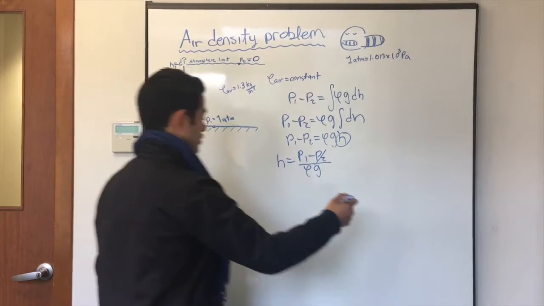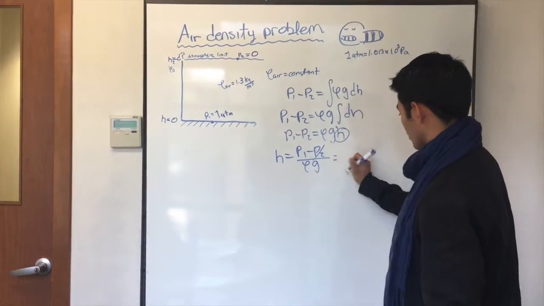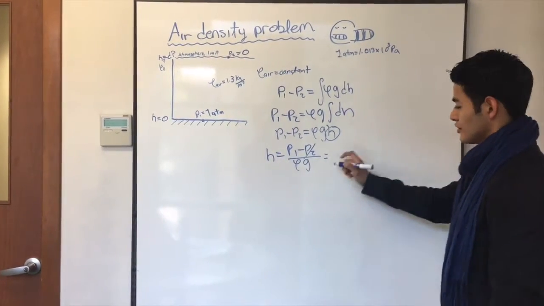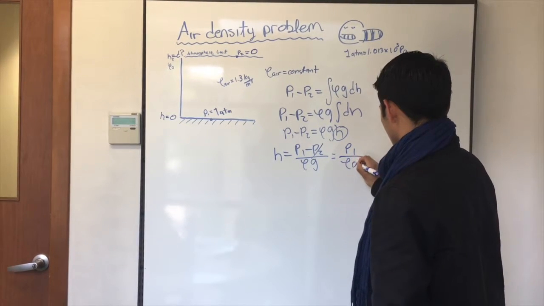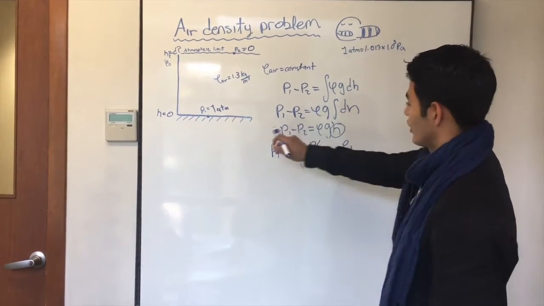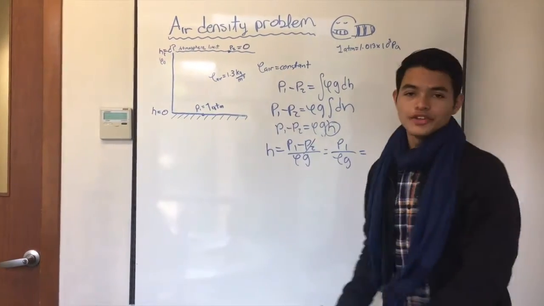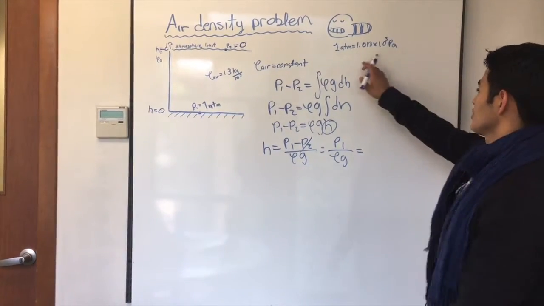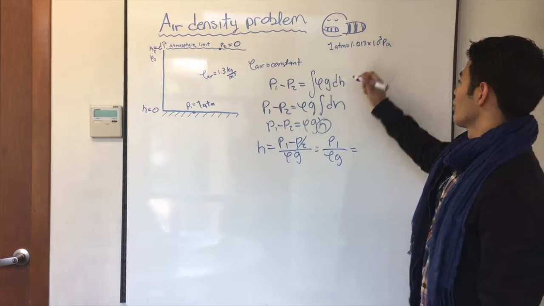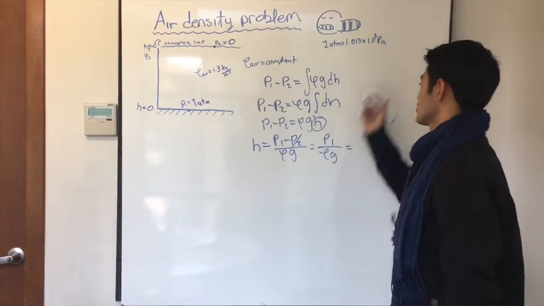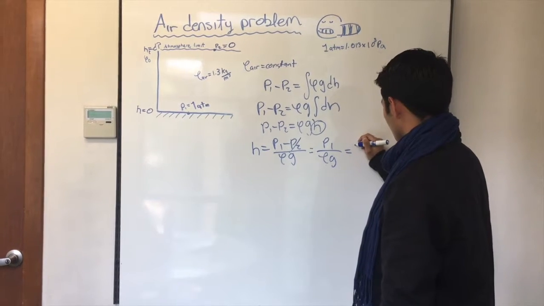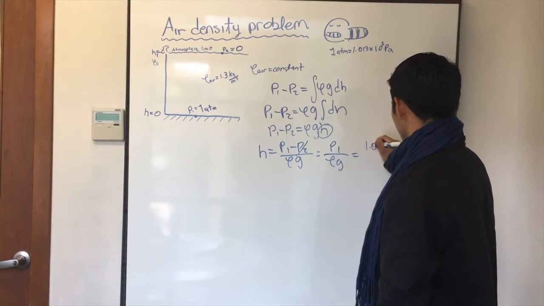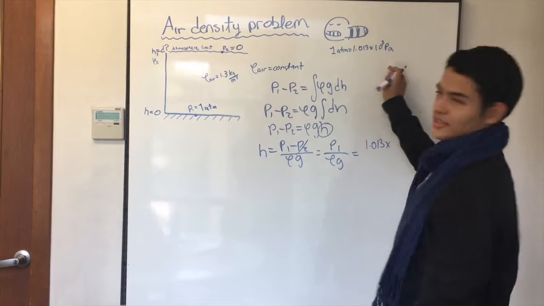And we just have here that we can now substitute that P1 is 1 atmosphere, and just to remind you, 1 atmosphere is equal to 1.013 times 10 to the 5 pascals.